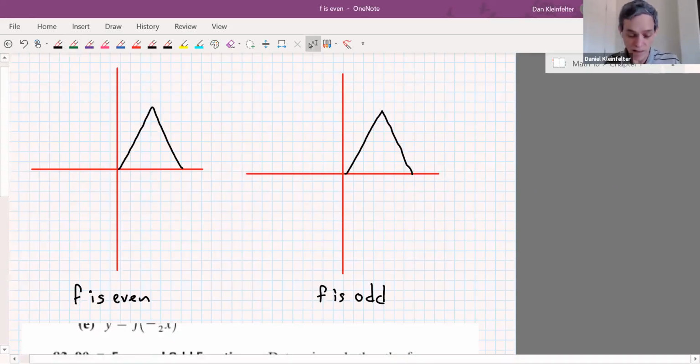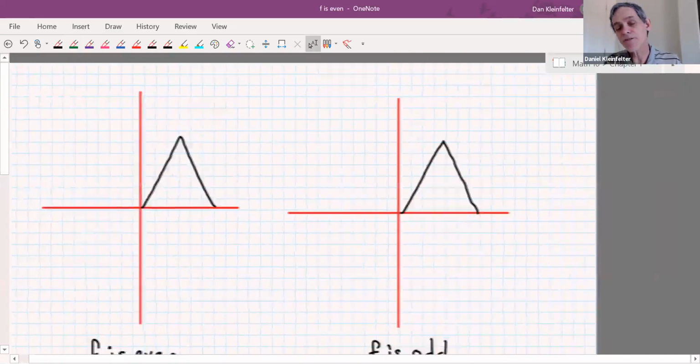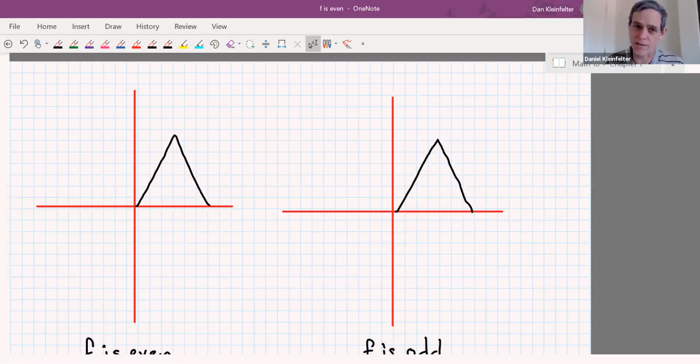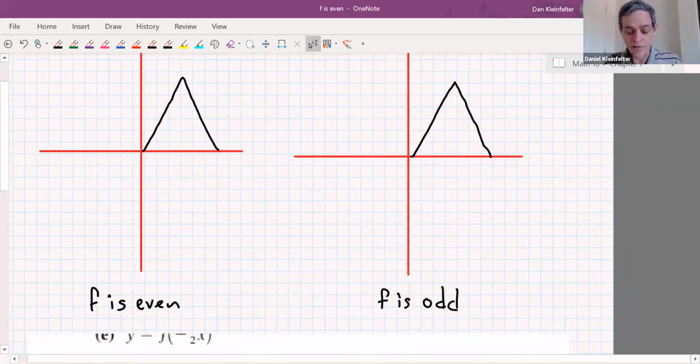What we want to do is just to finish the graph. So let's say that I've got this graph. All I've shown you is what the quadrant 1 part of the picture looks like. We want to think about what the rest of the picture is going to look like. So for the even function, what could be the rest of the picture? I know there won't be anything in quadrant 4 because that would make it so that it's not even a function.